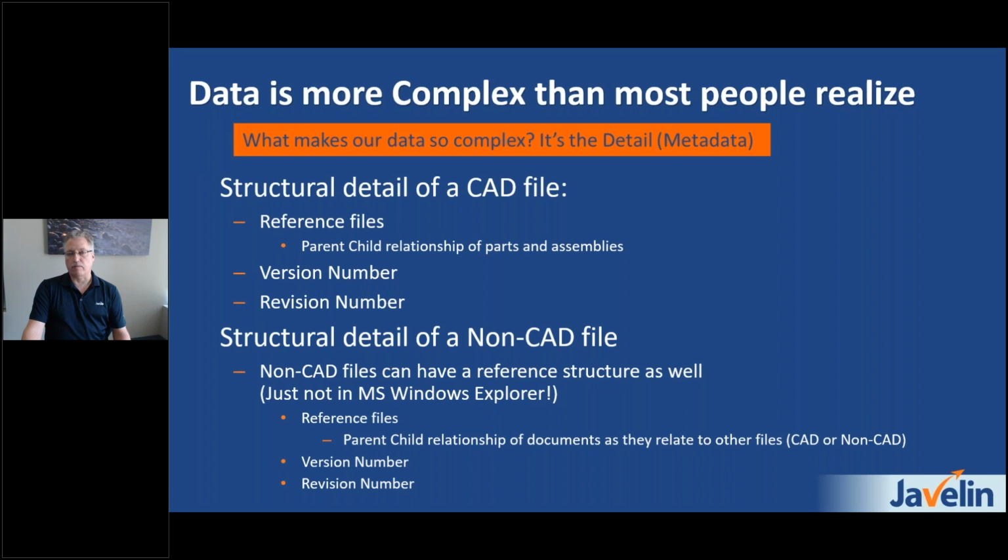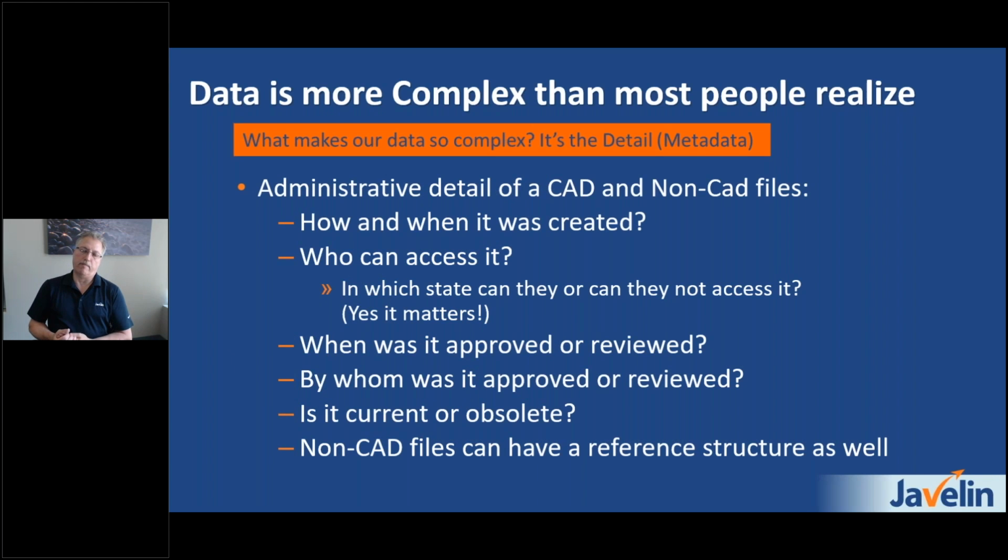Likewise, versioning and all of those numbering associated portions of the file, whether it be a file name or an engineering change number, all of that needs to be kept in reference, and it needs to be saved as part of that complex data set. And of course, there's the administrative side of all that data. Who can access that data? When can they access it? When was it created?